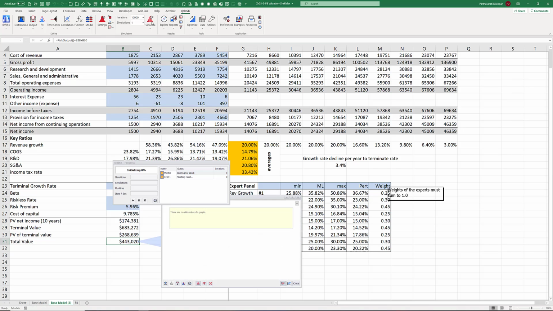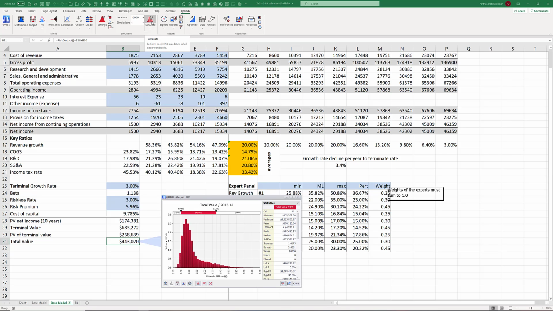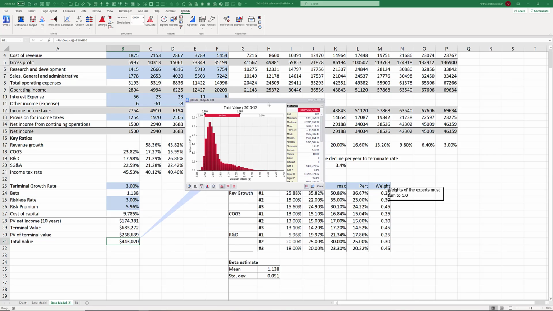Click simulate. Right, so we have now the total value.